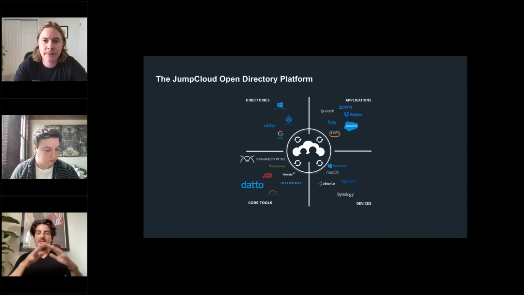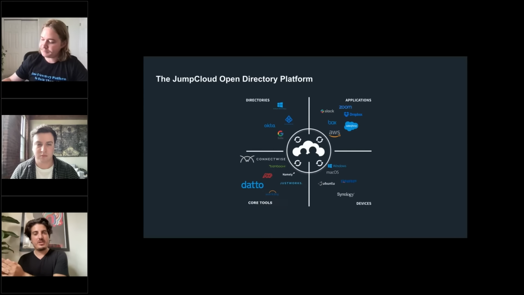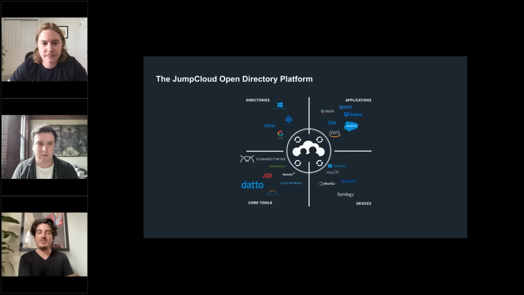JumpCloud is a single pane of glass that allows you to manage the identity, access, and device management capabilities required to provide your customers with seamless and frictionless access to resources from any device at any time. We do this by deeply integrating with on-prem and cloud-based directories, which we can complement or replace, by deeply integrating with applications, deeply integrating with different types of devices so they can be effectively managed, and by deeply integrating with tools that you use to run your business, notably PSA tools for billing and soon ticketing, and eventually RMMs and HRIS solutions.